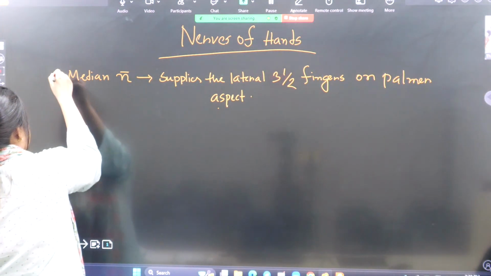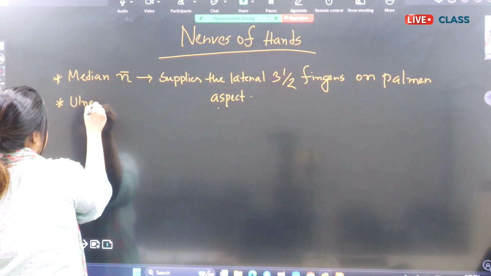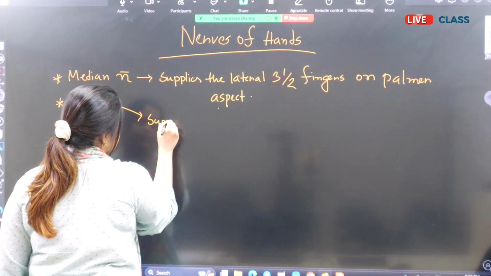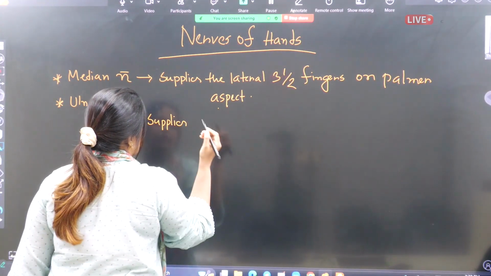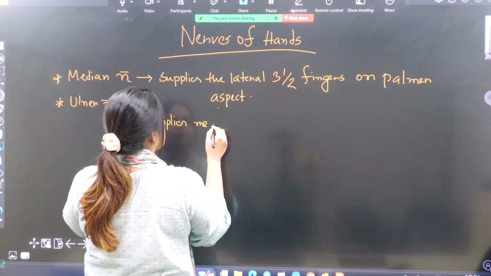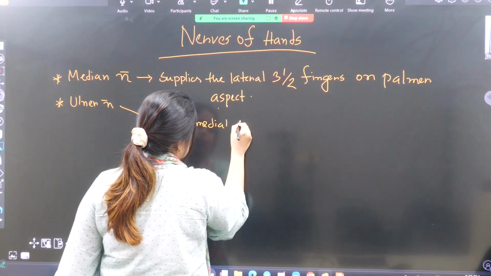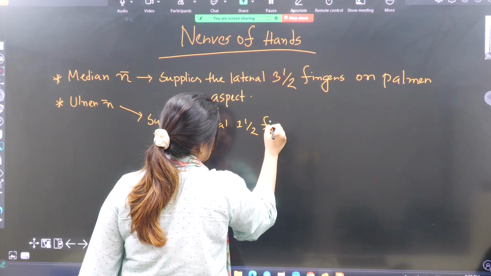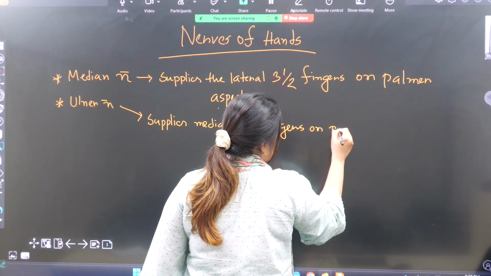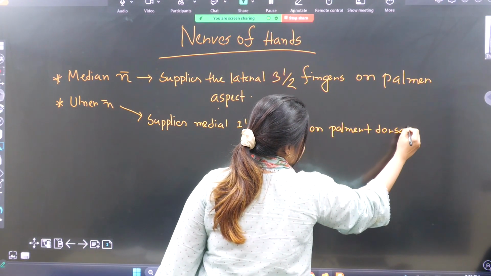This is the median nerve, okay, and the ulnar nerve actually supplies medial 1.5 finger on palmar and dorsal aspect.